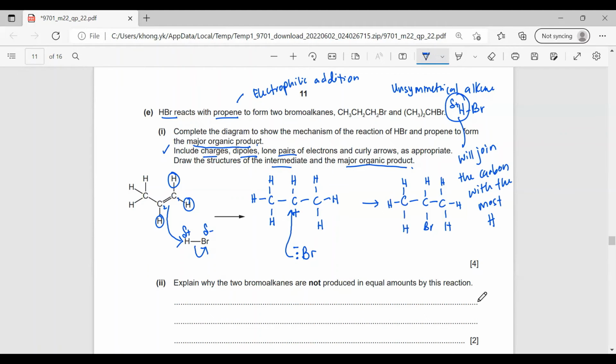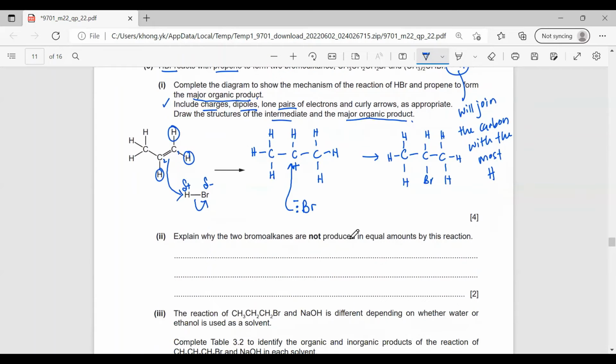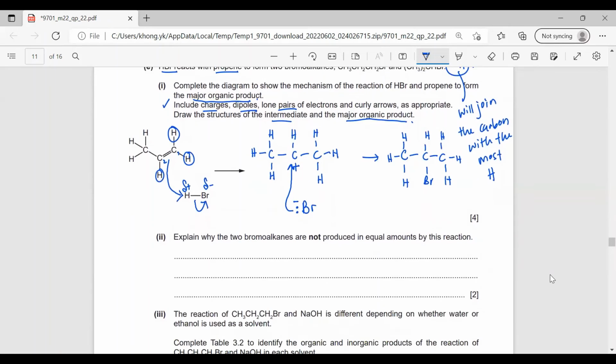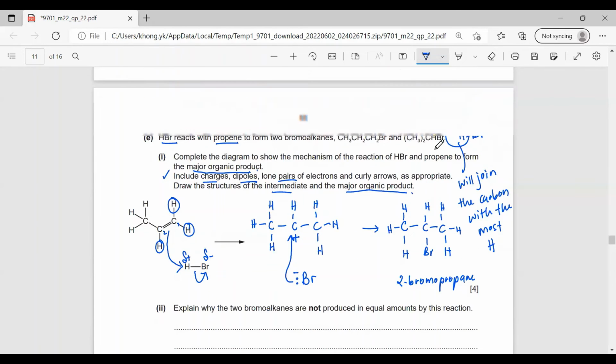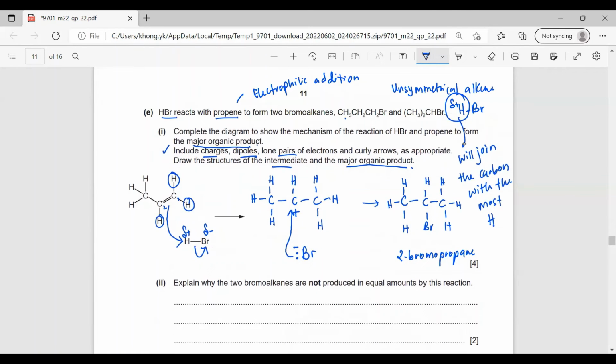Now, explain why the two bromoalkane are not produced in equal amount by this reaction. So what are the reasons why they are not produced in an equal amount? Our major product is 2-bromopropane, but the other product is 1-bromopropane.